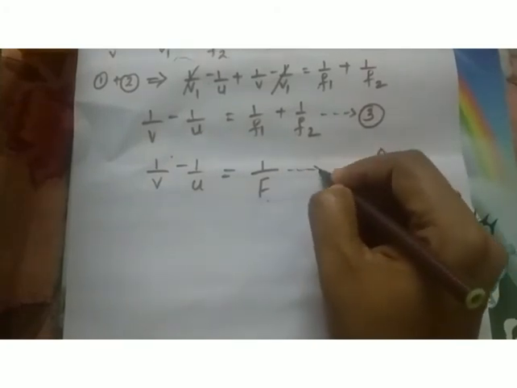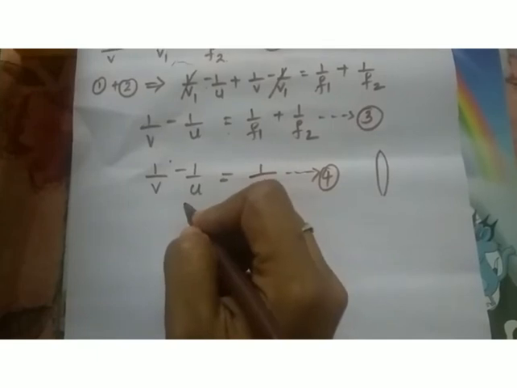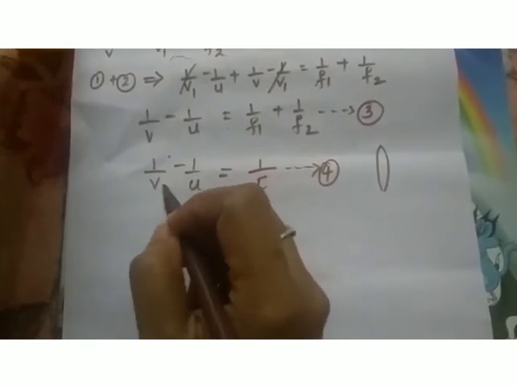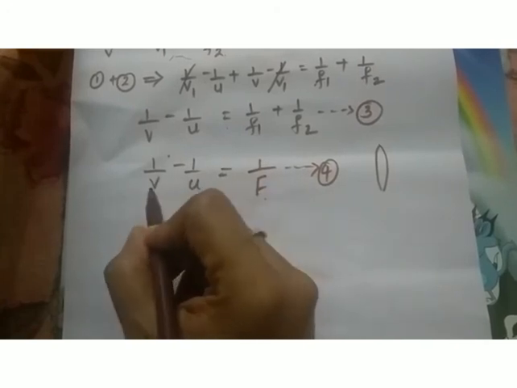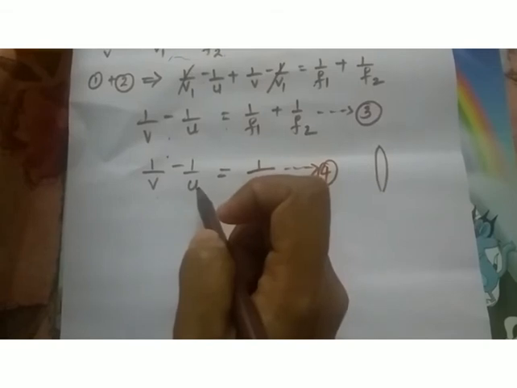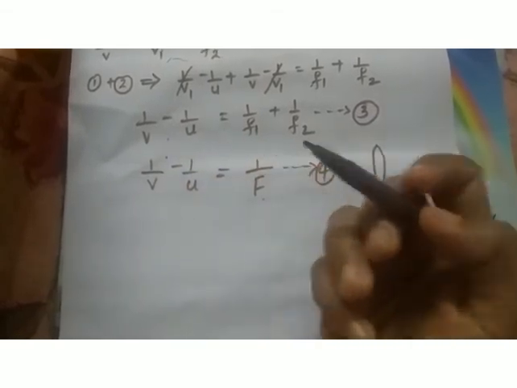So let this be our equation number 4. And here there won't be any change in v and u, because using that single lens, we assume that the image is produced at the same position as in the previous case and for the same object distance. So v and u will remain the same.